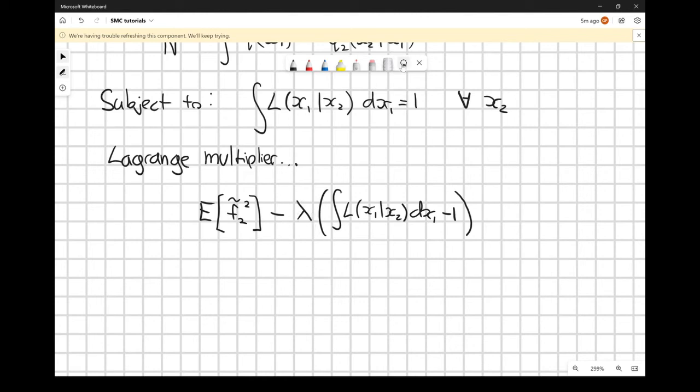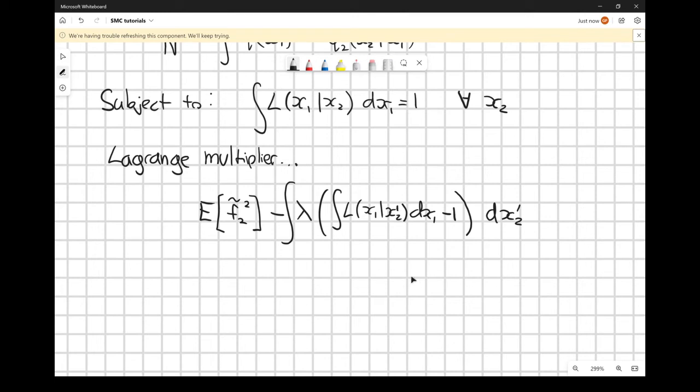So if we consider the case where we have continuous x2, then we're going to place an integral here with respect to dx2. And I'm going to put in a dash here and here.